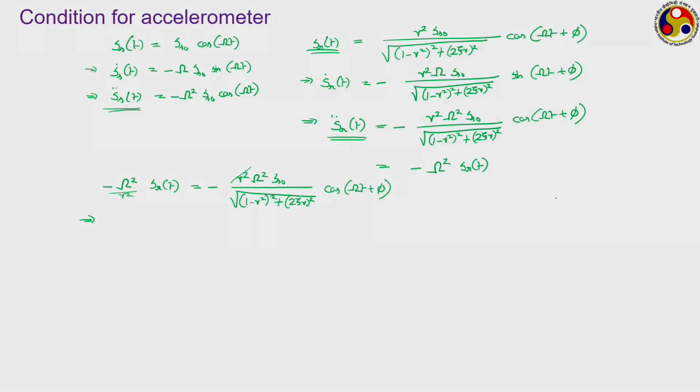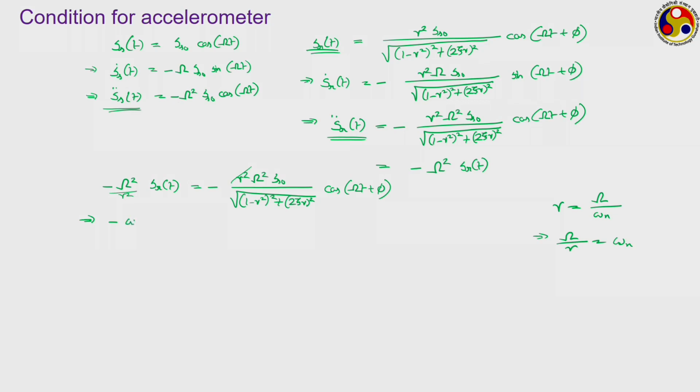Now, as per the definition, our r is omega upon omega n. So, therefore, omega upon r is equal to omega n only, the natural frequency of the instrument.